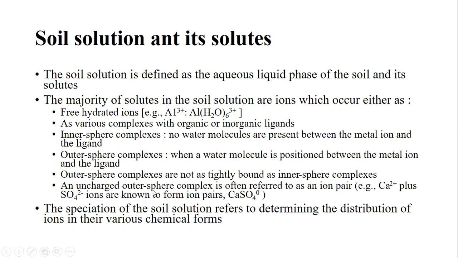An uncharged outer sphere complex is often referred to as an ion pair. For example, calcium divalent plus sulfate divalent ions are known to form ion pairs. So we have CaSO4 0, although it has no charge, and yet it's called an ion pair, because there are two ions that got together to form an ion pair. This is not a solid.